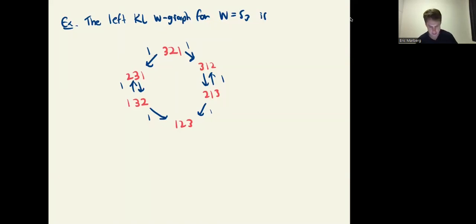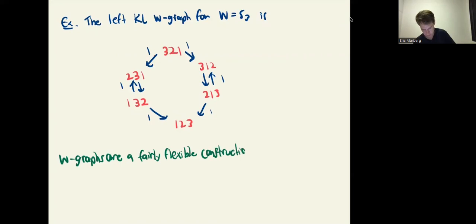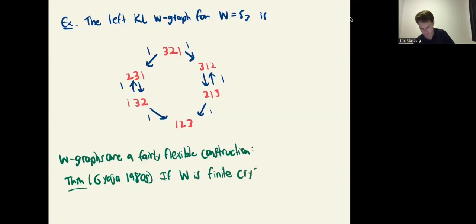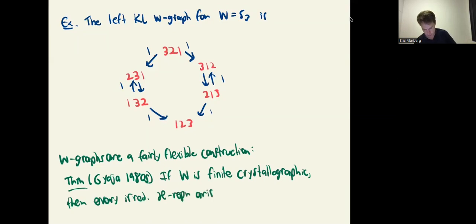Okay, and I'll just point out that W graphs are a fairly flexible construction, since it can actually be shown that if W is finite, at least if W is finite and crystallographic, then every irreducible H representation arises from a W graph.